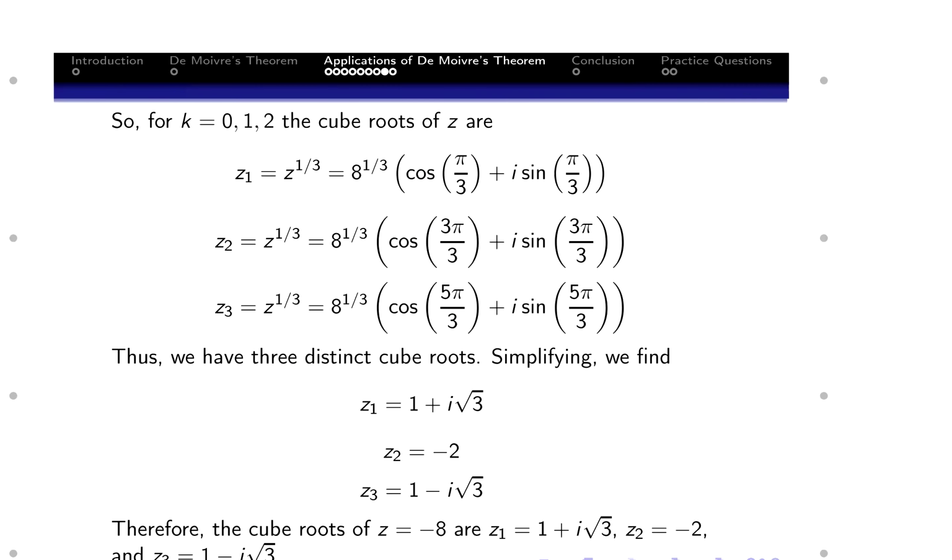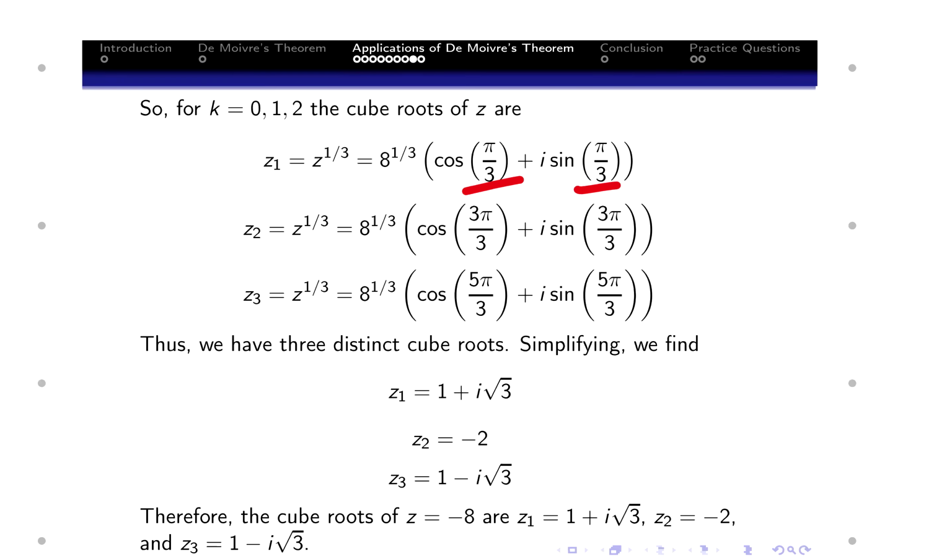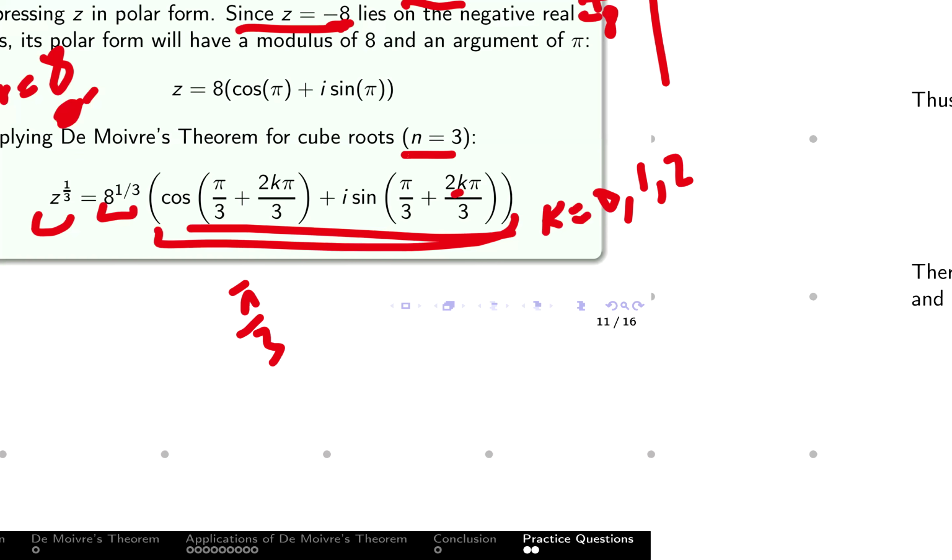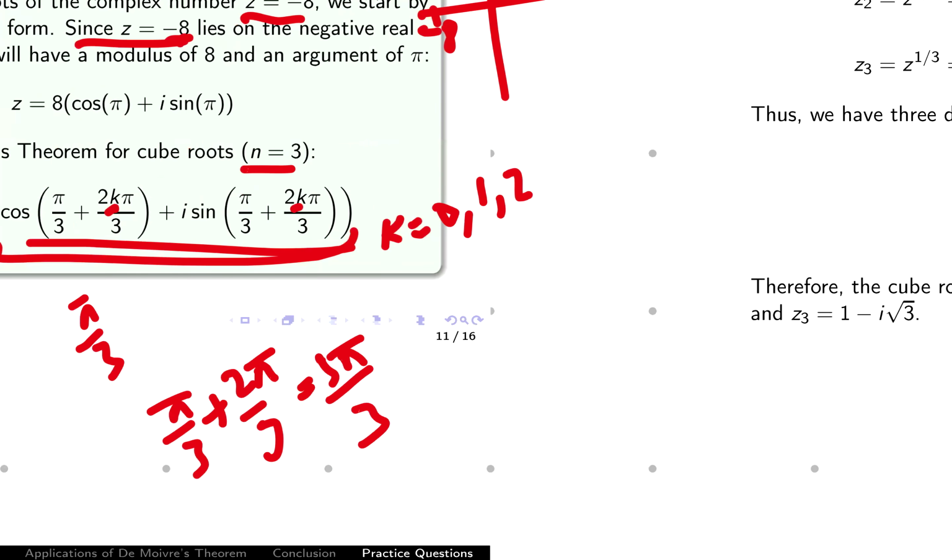For the next one, when k is 1, we have pi/3 plus 2 times 1, that is 2 pi over 3, so together that's 3 pi over 3. That's why we have z2, which is cos 3 pi over 3 plus i sine 3 pi over 3.